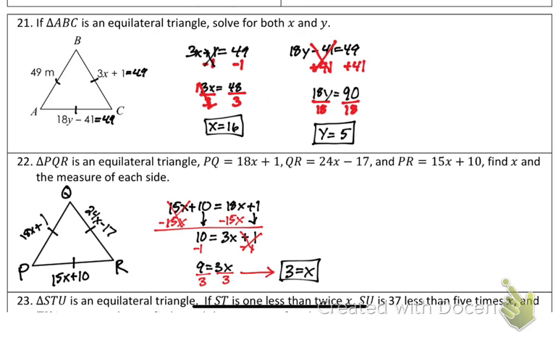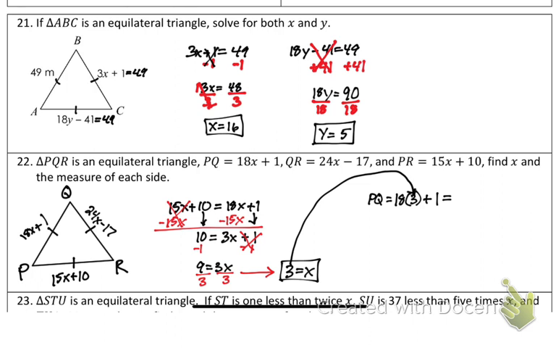If you know what's going on, you really don't have to. But we'll go, let's find PQ. Well, on here, PQ is 18x plus 1, but we know x equals 3. So PQ is going to be 18 times 3, because once again, I took this x equals 3 and I plugged it in. So instead of 18x plus 1, I have 18 times 3 plus 1.